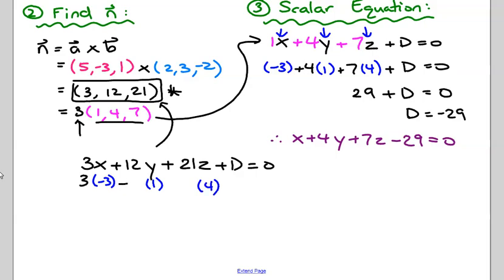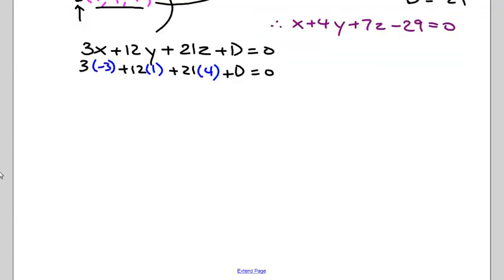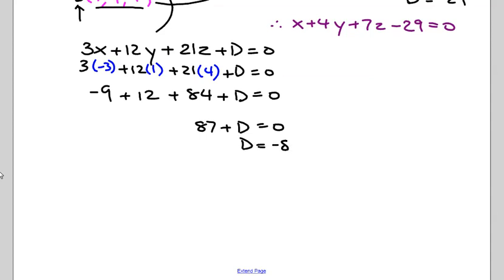Okay, that's negative 9 plus 12 plus 84 plus d equals 0. That's 96, negative 9, that's 87. Okay, that's a positive 87. 87 plus d, which means d is negative 87.